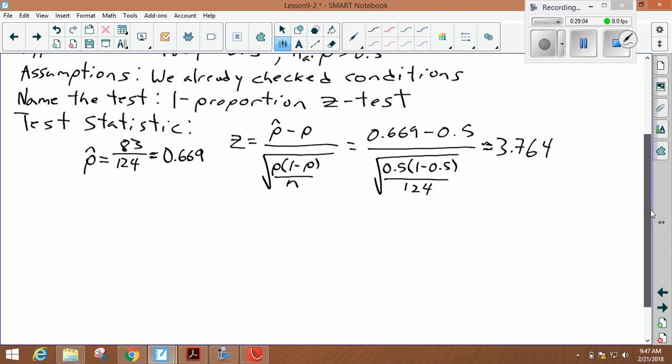So the next thing is we're going to obtain a p-value. So let's draw a picture of that.